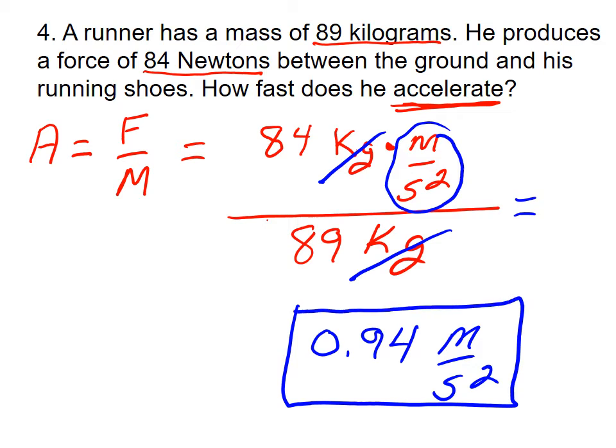So anytime when you're given force in newtons as part of your problem, you really want to make a newton into a kilogram times meter per second squared, so that you can see how units will cancel out in your answer.